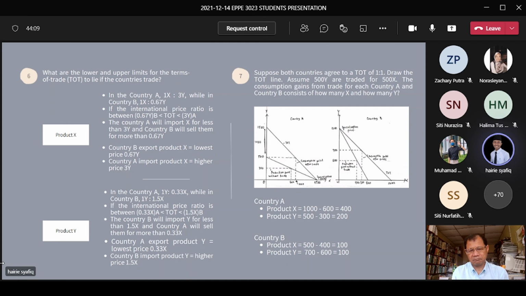Country B trades 500 of product X, and its specialization point goes to 700, and that is the consumption point after trade.